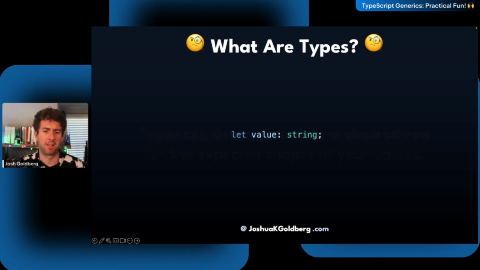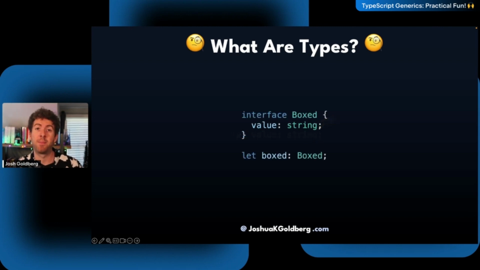Looking at it in practice, here we've already seen a nice little type annotation saying the intent of this value variable is the built-in JavaScript type string. But we can make our own types, or type descriptions, our own shapes in TypeScript. Here, instead of saying built-in string, we're saying I'm making my own shape description called Boxed, which refers to any shape, any value, in practice any object, that has a value property of type string.